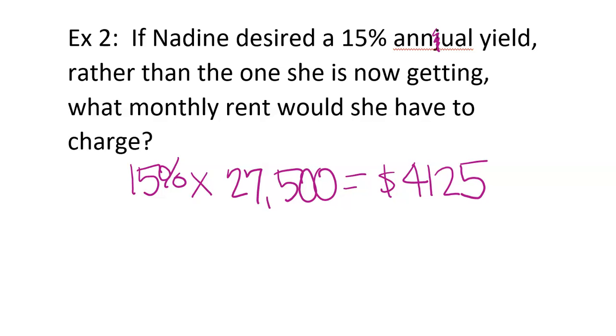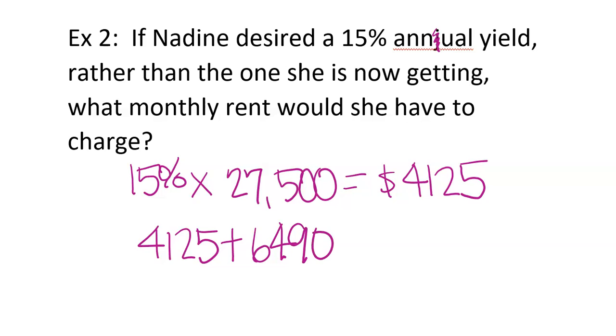So the next part of it, we're going to add $4,125 plus those expenses that she had. And then we're going to divide it by 12. So we want everything to be included this time. You don't have to take anything out because they're looking to see how much the renter has to pay, not you. So $4,125 plus $6,490 is $10,615.